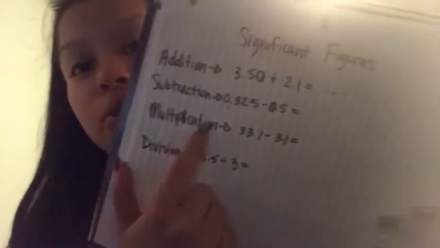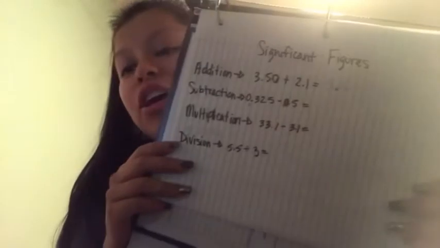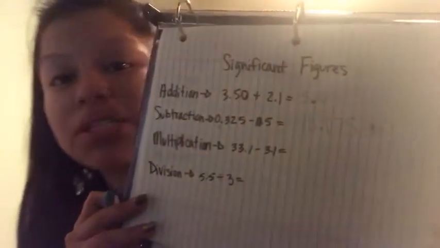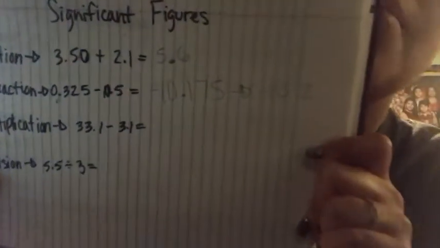So the most we can have is 3 sig figs, and I got negative 10.175. So we would have to round negative 10.175 to a number that has 3 sig figs. So it would be negative 10.2, since it has 3 sig figs there.